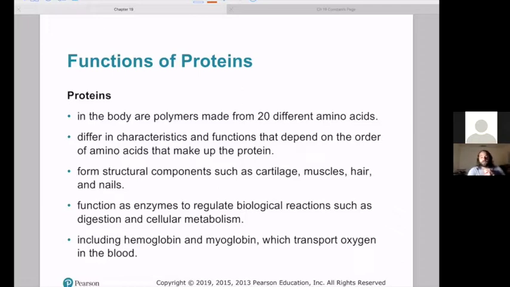In addition to that, they also form the major structural components of cells. So we talked about cellulose as being a specific structural component that's made from sugars, kind of unique to plants. Most structural components are proteins. So cartilages, muscles, hair fibers, your fingernails are all proteins. They're just really central to the metabolic functions of a cell.